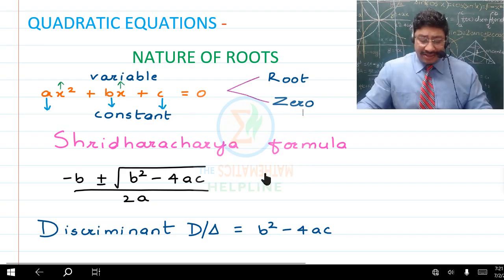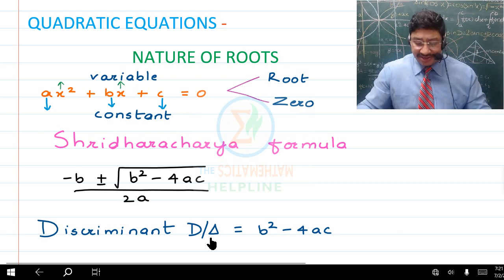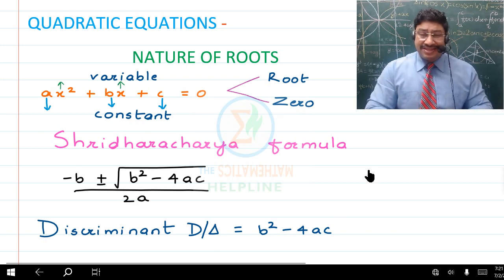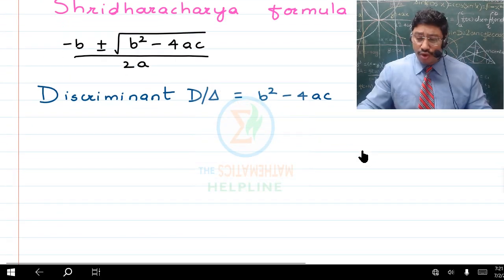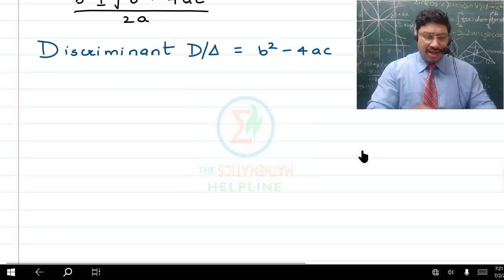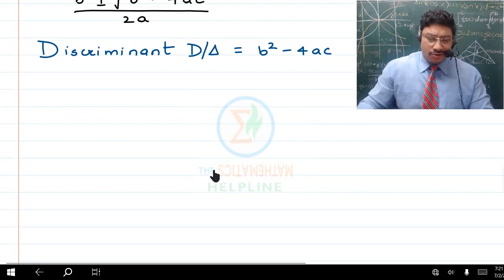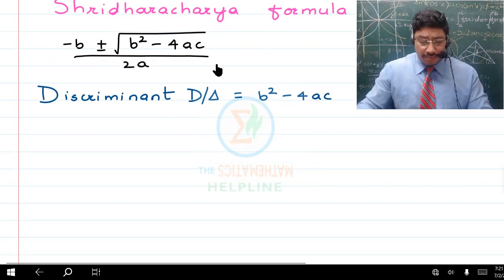Now children, here there is a quintessential entity, and that is b square minus 4ac, right? This is known as the discriminant, written by capital D or by delta, a Greek alphabet. This is the one which decides what type of root or zero you are going to have, right? So just look at this formula. We see here that we have plus minus root of b square minus 4ac.